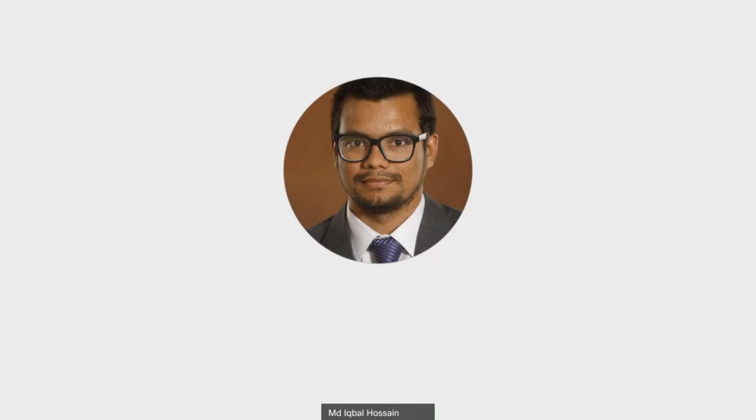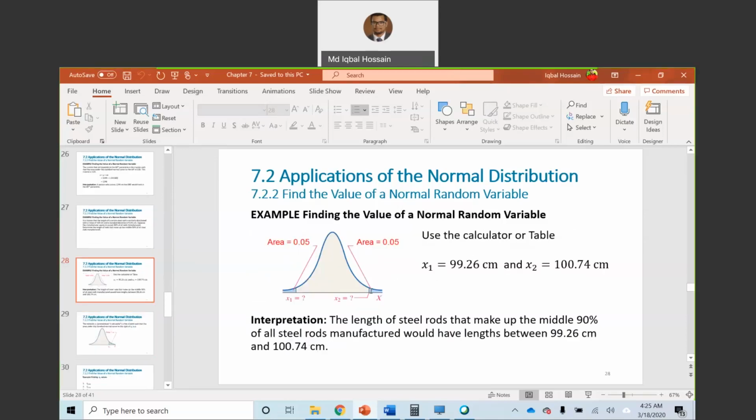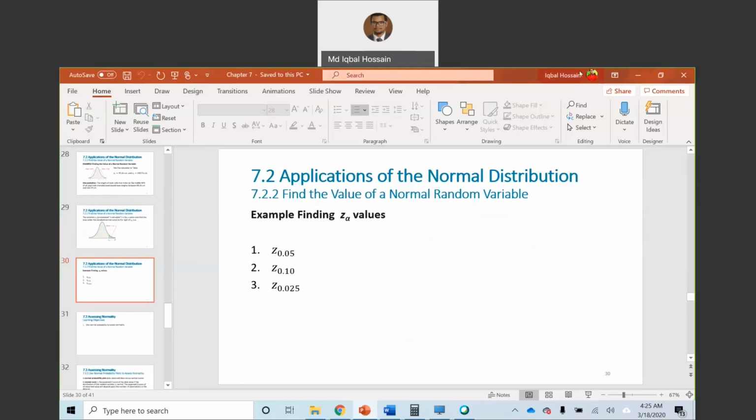So that's why we are taking the value as 1.64, because when we have this point z 0.05 on that side, we are calculating this value as 1.64. To be exact, we use 1.645.